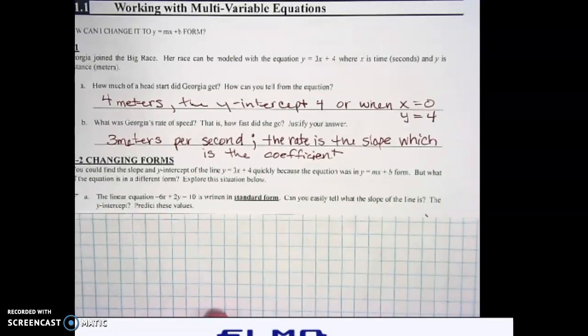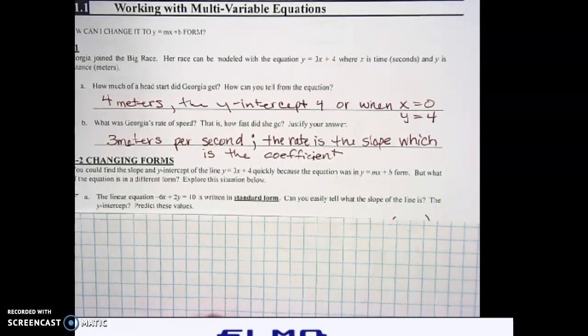Okay. So part A says the linear equation negative 6x plus 2y equals 10 is written in what we call standard form. We just saw that at the bottom of page 2, right? Can you easily tell what the slope of the line is? Can you easily tell what the y-intercept is?